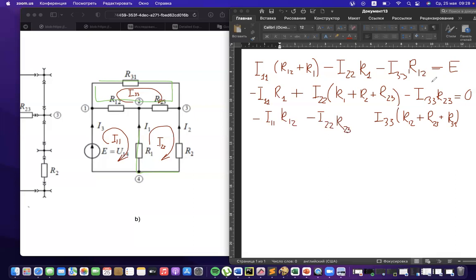The same as was here, R12 and R23, the same resistors. Also equals 0. It is your system with 3 unknown variables.